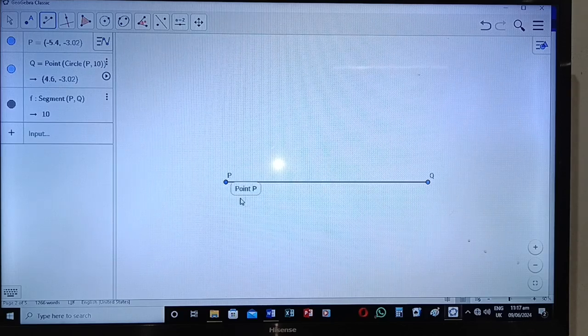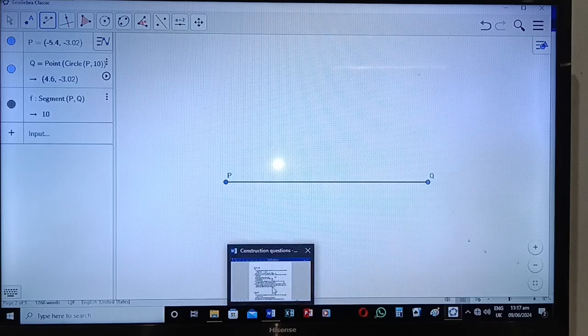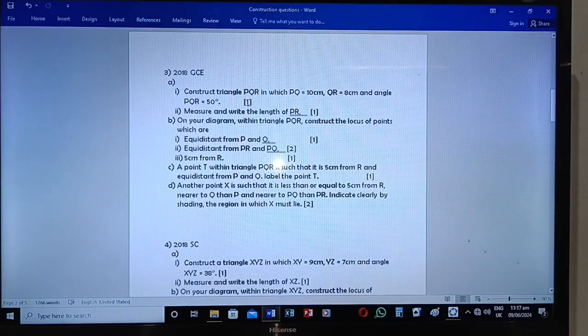And now, looking at the question that we are given, we have drawn the line PQ, 10 centimeters, and now we have to draw also line QR, 8 centimeters, but we can't draw this line before we draw this angle PQR, 50 degrees.